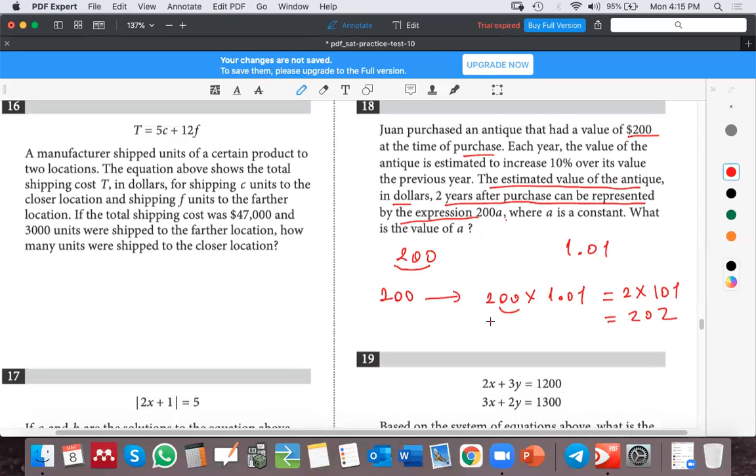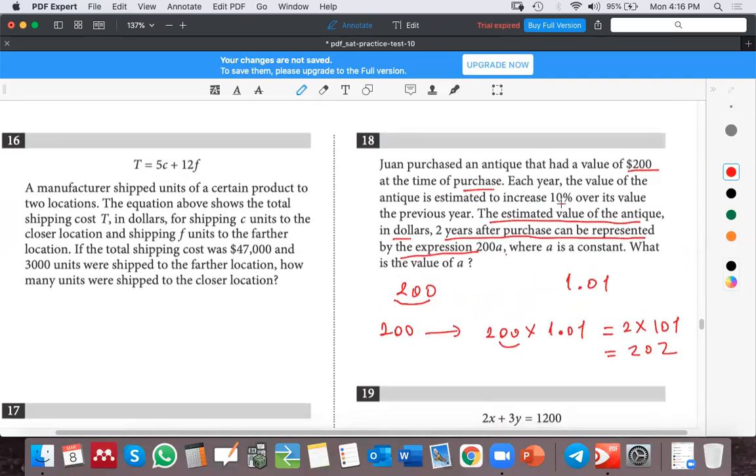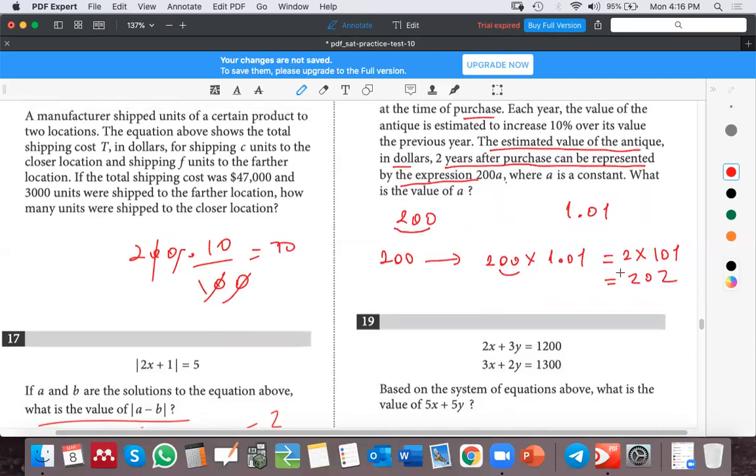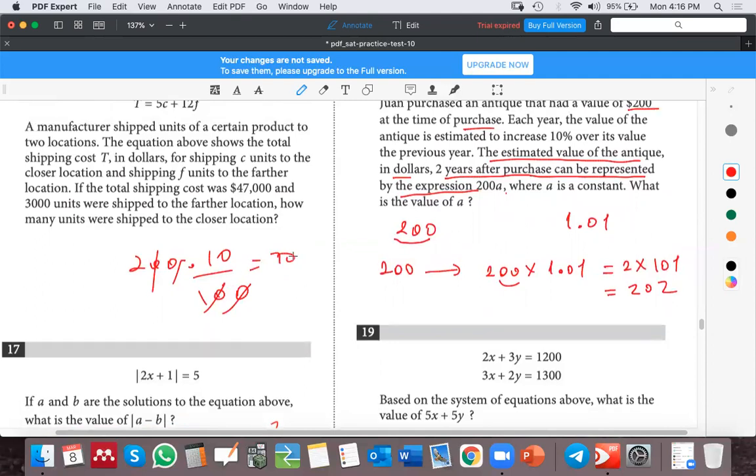Is it okay or not? Okay. But it says 10% increase. What is the 10% of this? This is 20. So 10%, it must be 210. Why is this 210? It must be 210.